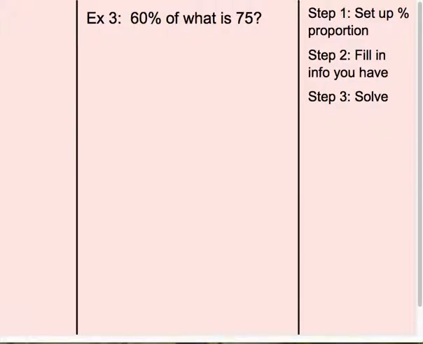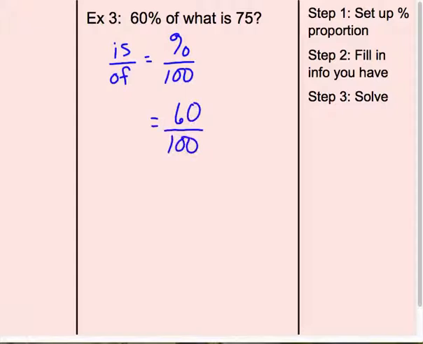One more example. Setting up our percent proportion, is over of equals percent over 100. Fill in the information we have. We know the percent, that's 60. And this time we have the is. What we're looking for is the of. I'm going to call that F. This time our variable's in the denominator, so we're going to flip the proportion.